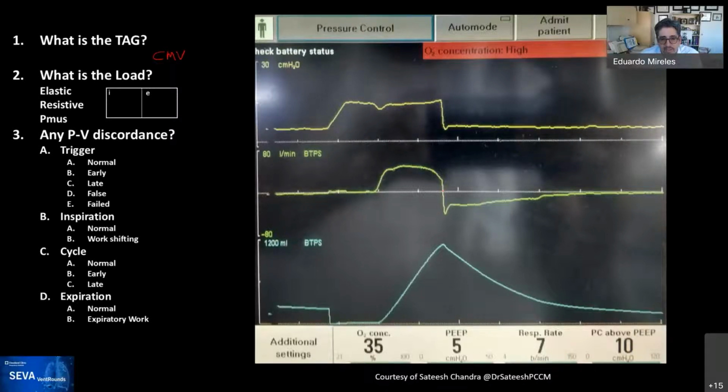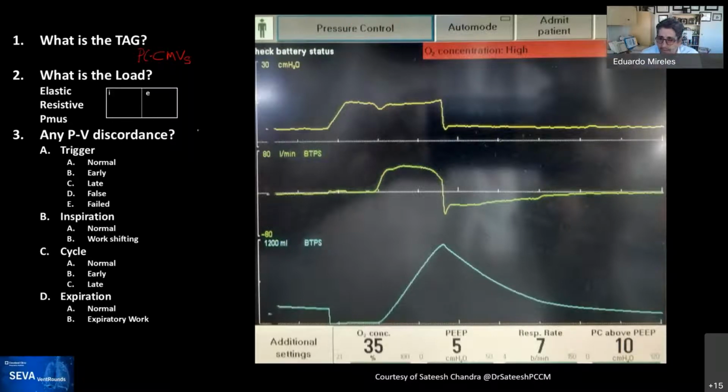And the flow is not a geometric shape. It looks perhaps sinusoidal, just reflecting the effort of the patient. And so I would say this is pressure control and CMV. And then the targeting scheme, just with one breath, it's hard for me to say if there's anything, but just knowing this ventilator, this would be set point.